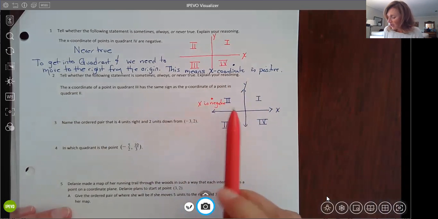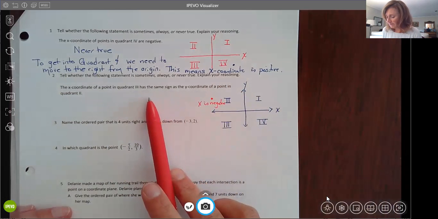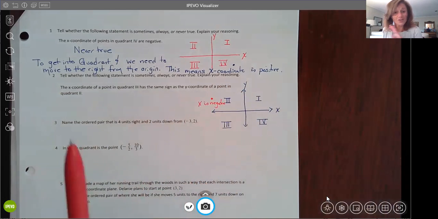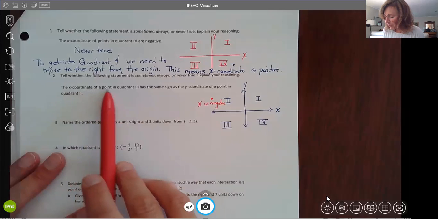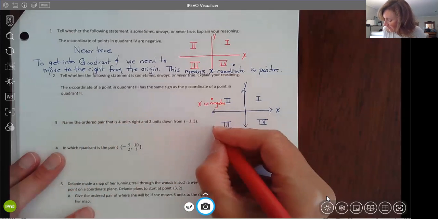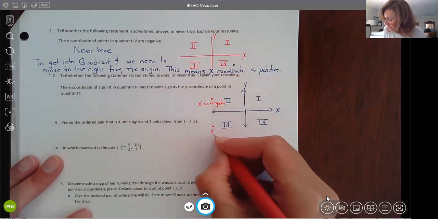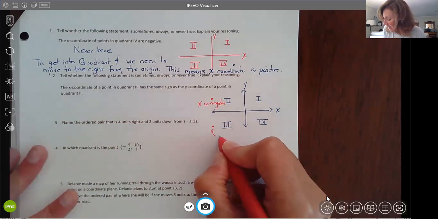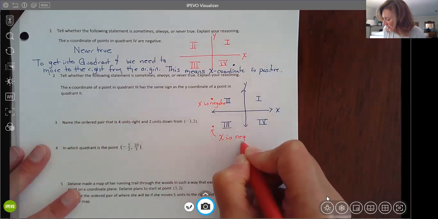Okay. I just did that wrong. So scratch that. They wanted to know the x coordinate of a point in quadrant 3. Okay, so I'm down here. I read that wrong. I told you I should have my glasses on. So if I'm down here in quadrant 3, same thing. The x is negative.